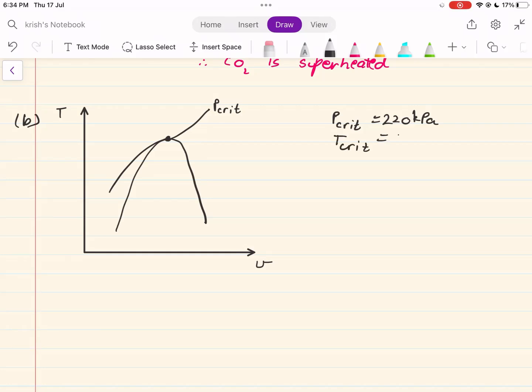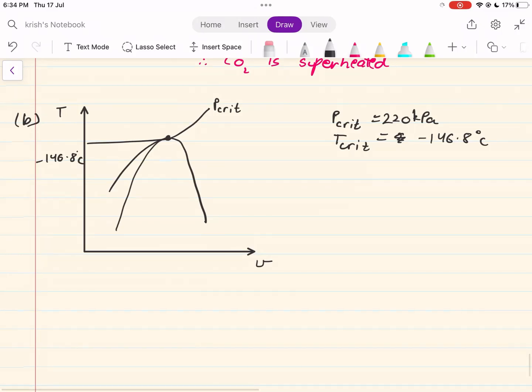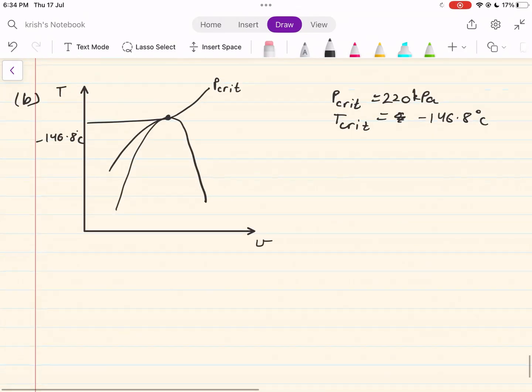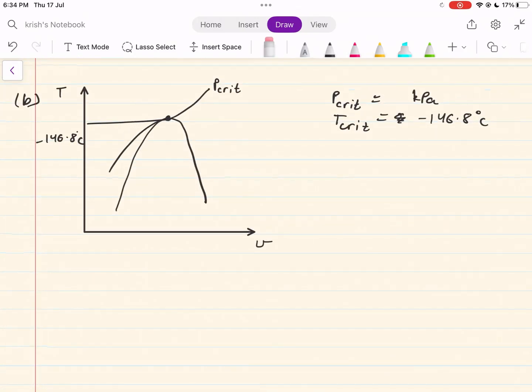And T crit comes out to be minus 146.8 degrees Celsius. And a given pressure, what is our given pressure? Oh, a given pressure is 220 kilopascals. Okay. P crit is in fact 3390 kilopascal. Yes, that makes more sense.